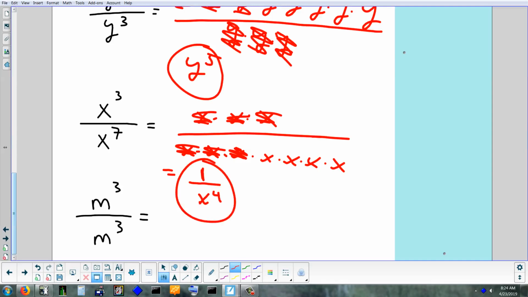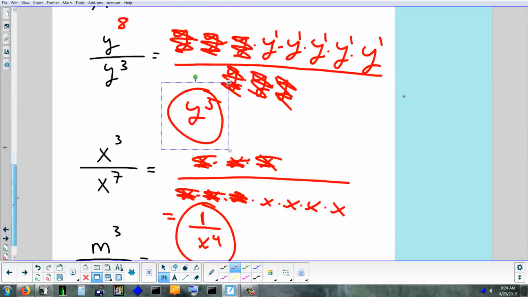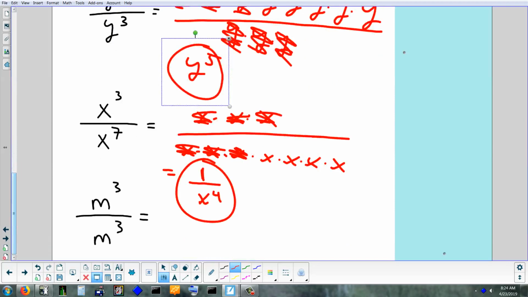All right. So notice, but look at it. What's 7 minus 3? It's not 3 minus 7. 7 minus 3. Still 4. Notice how I subtracted it. I always took the bigger number minus the smaller number, and you're always going to get that number. 7 minus 3, 4. 8 minus 3, 5. Okay, as long as we always do bigger minus smaller, you'll get the correct number that goes right there.